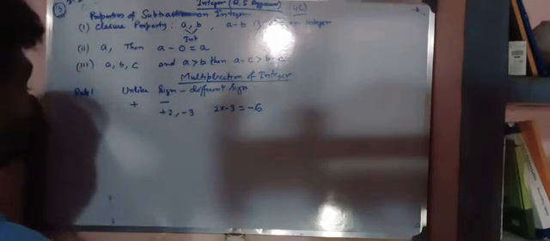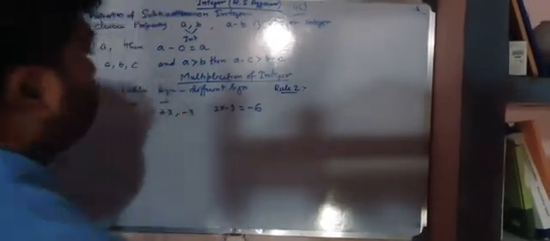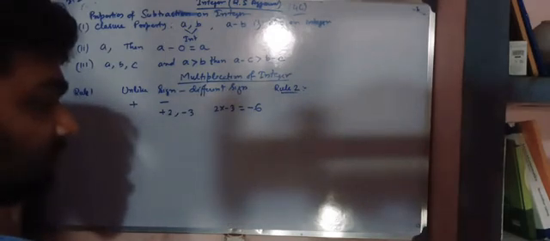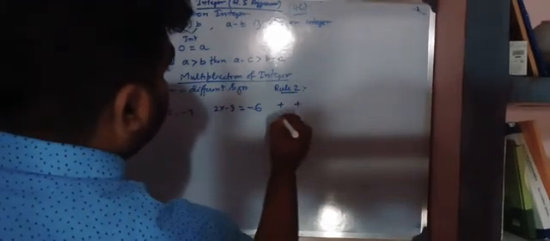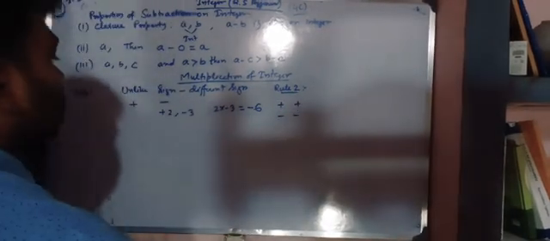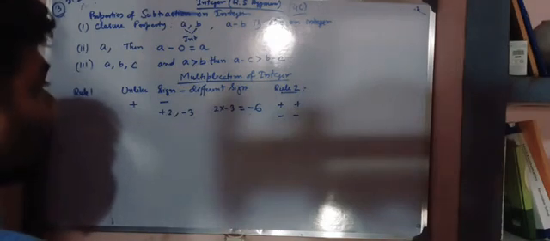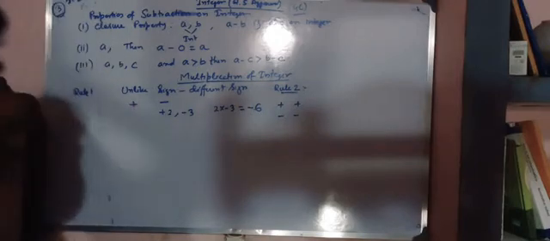Now rule 2: if the two integers which we have to multiply have the same sign, that is either both positive or both negative, then what will be the resultant? The sign of the resultant should obviously be positive.